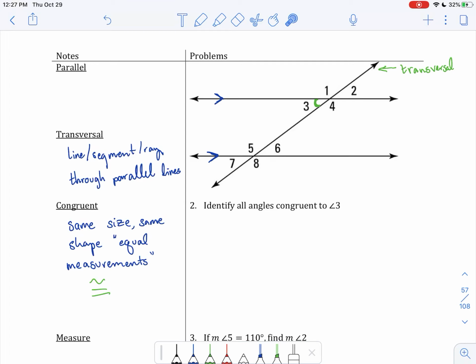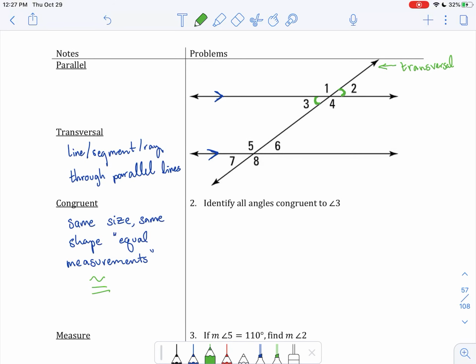But every acute angle like this that's created by this transversal on parallel lines is going to be congruent. So 3 is going to be congruent to 2. If you look down at the second line, you're looking at the same acute angle. 7 is also acute, as is 6. So everything that's congruent to 3 would be the angle at 2, the angle 6, the angle 7.